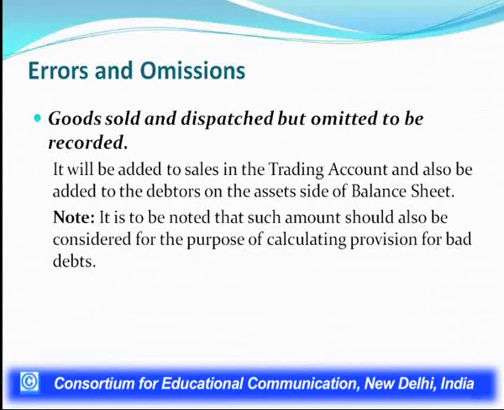We know that errors and omissions are a very common practice, and sometimes some transaction may be omitted to be recorded in the business, or some error may happen there. We have studied the different types of errors, like errors of principle, that is a revenue expenditure treated as capital expenditure by mistake, or a capital expenditure treated in the books as revenue expenditure.